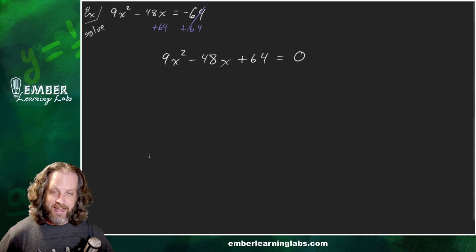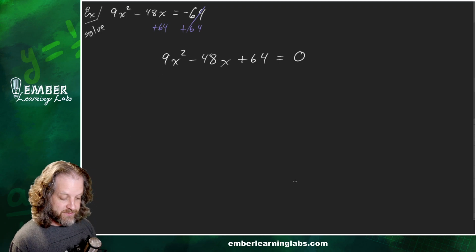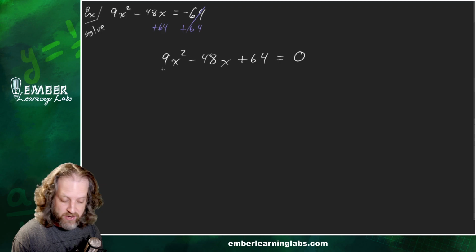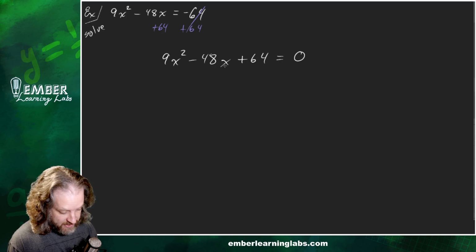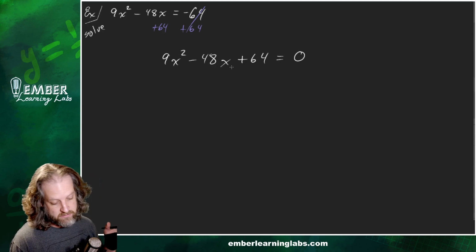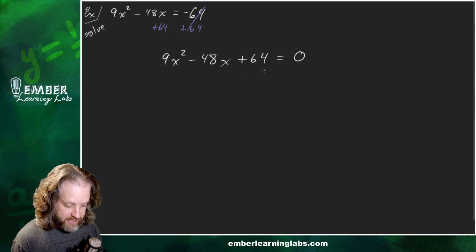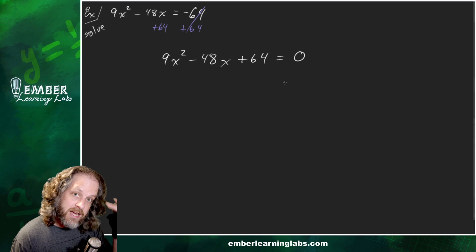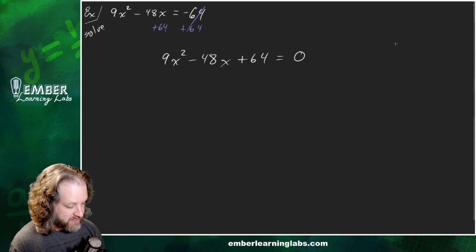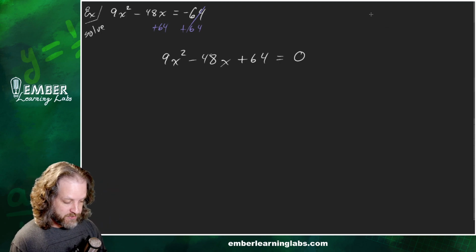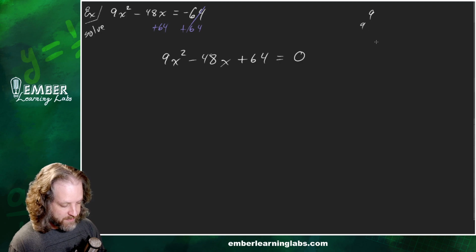Well, 9 is the easiest one to see because 9 only has 9, 3, and 1. So does 9 go into these? Well, no, it doesn't. And does 3 go into these? Well, no, it doesn't. So let's factor this. This one's got more options, right? For 9, we've got the same as we had a minute ago, 9 and 1, and 3 and 3.